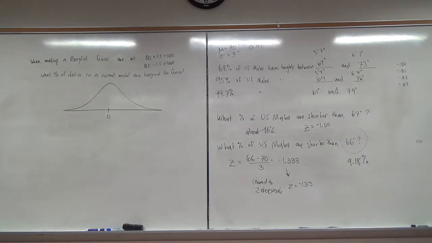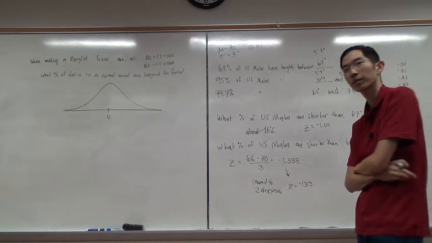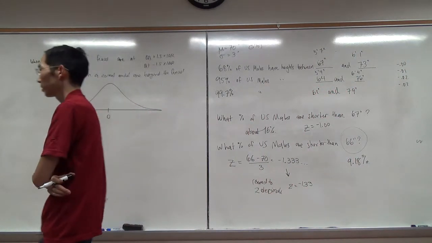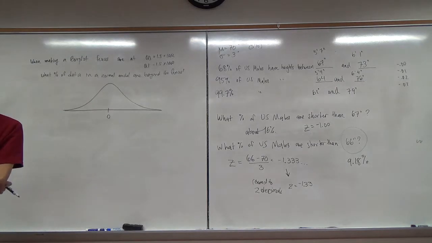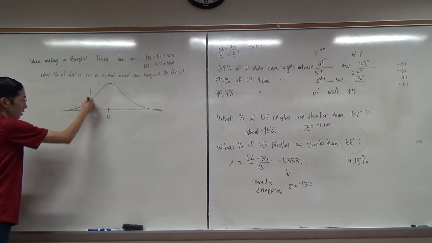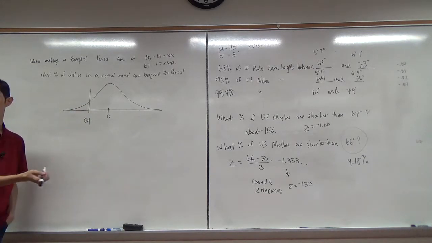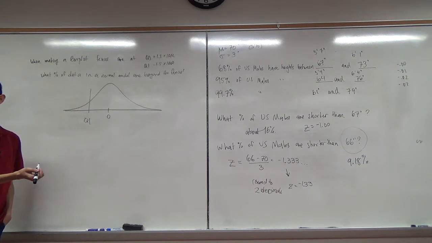Okay. So, well, first off, where do Q3 and Q1 exist? Q1 is equal to what? The 25th percentile. So if I draw a line at Q1, how much is shaded to the left of Q1? 25%.